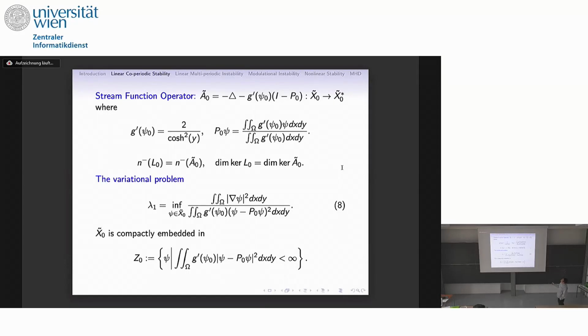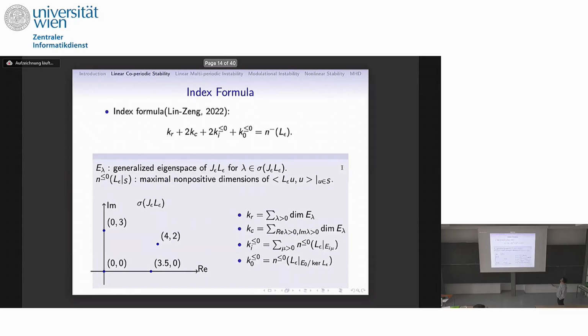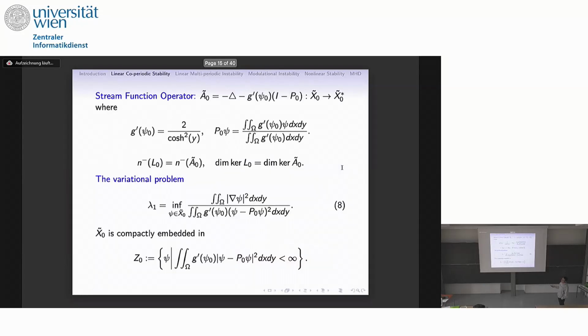It's minus Laplacian minus g prime times identity minus a projection, a 1D projection operator. If you know the number of negative directions of this operator, then it gives you this number. It's the same. This is a reduction, but it's easier to do the computations for this operator because it looks like a familiar elliptic type operator.